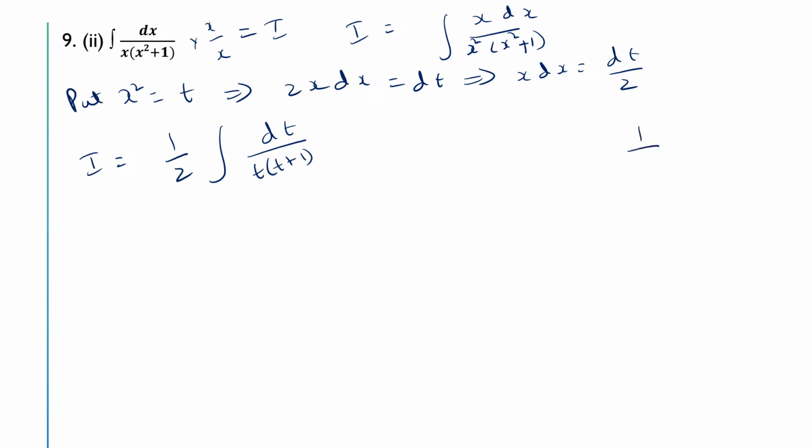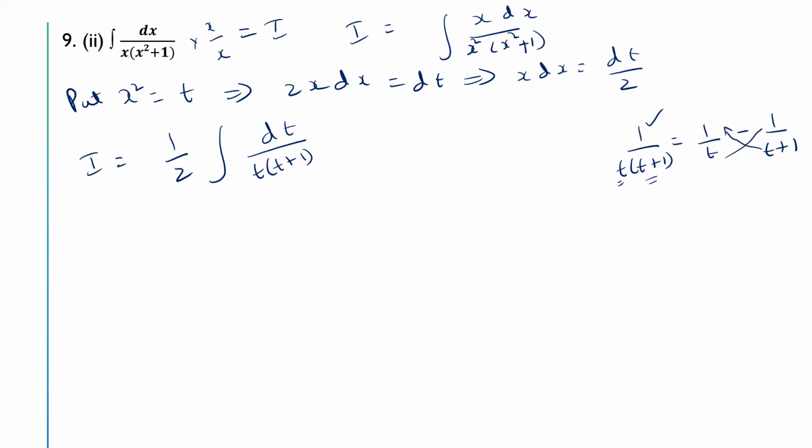Now here 1 by t into t plus 1, we can write this as 1 by t minus 1 by t plus 1. Here among t and t plus 1, the smaller factor is t. So if we take LCM and simplify, again we will get 1 by t into t plus 1.